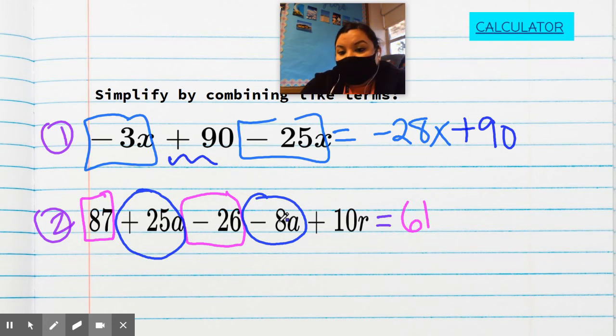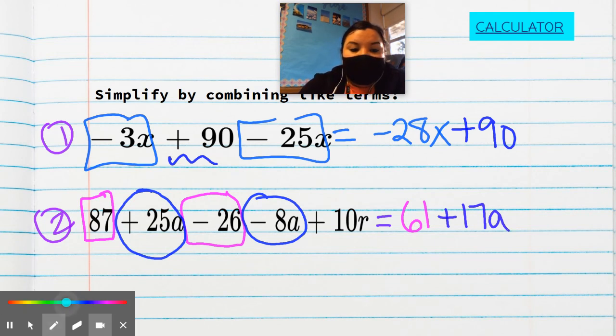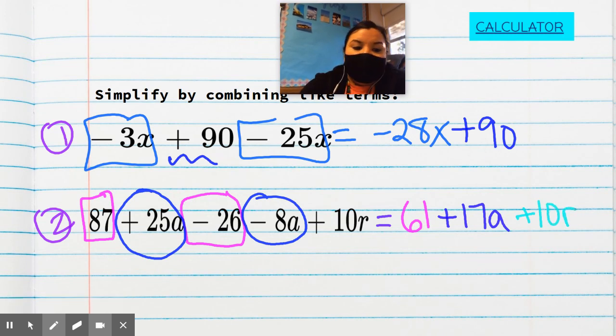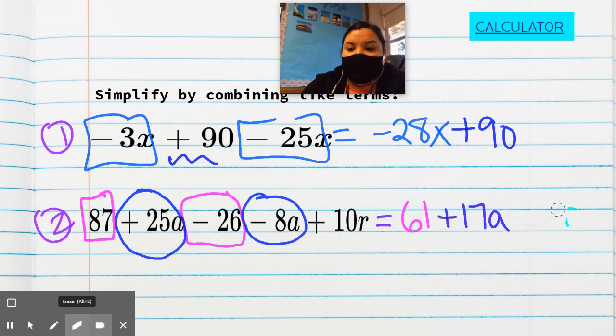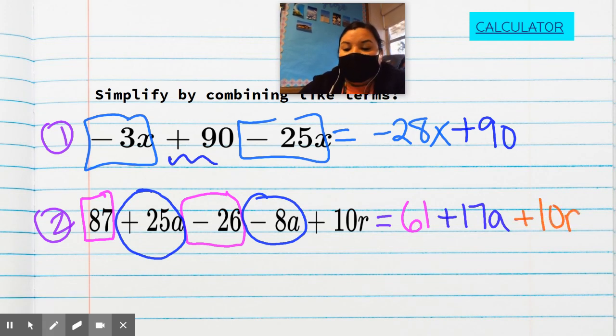It is a positive 17, so I need to put a plus 17, and then it's an A because they both have an A. All right, then the next thing that we just have is that plus 10R at the end, which I'm actually going to change the color because you can't really see that. And that's it. There's nothing else that has an A. There's nothing else that has an R. So that's the only thing that we'd have to do there.